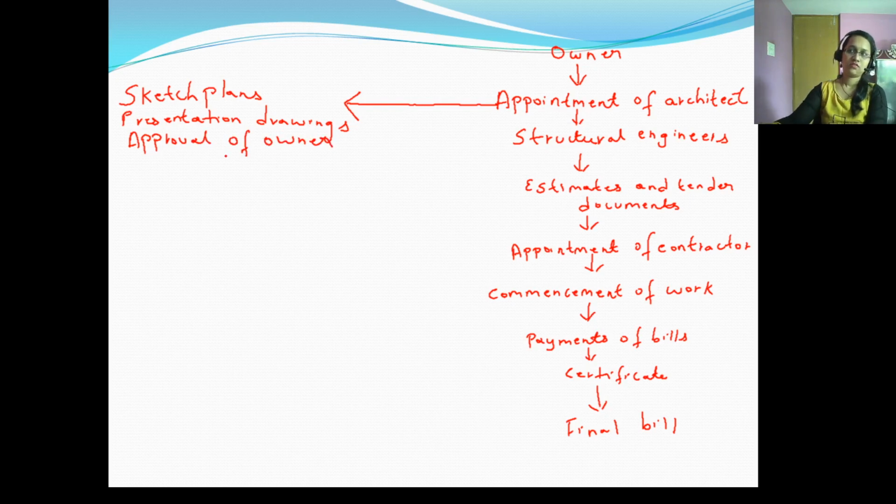Then after presentation drawings, he will prepare submission drawings. He will take approval of the sanctioning authority, such as the municipality, municipal corporation, or town planning authority. After that he will prepare working and detailed drawings.